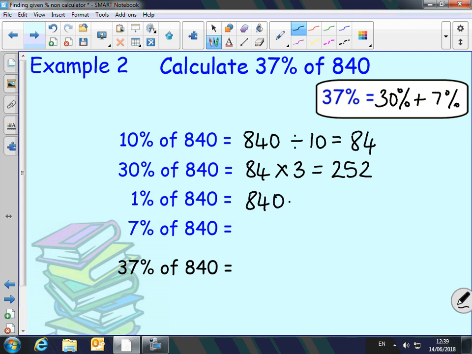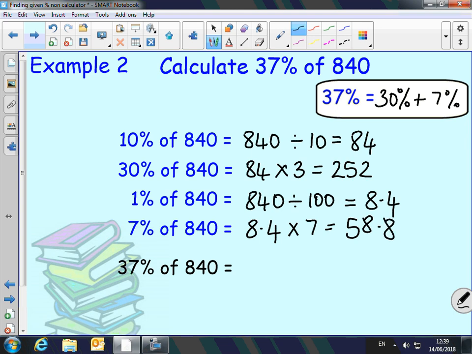Next step, finding 1% of 840. To find 1%, remember we divide by 100, moving everything 2 places to the right to get 8.4. Then we take our answer of 8.4 and multiply it by 7 to give me 7%. So 8.4 multiplied by 7 will give you 58.8.